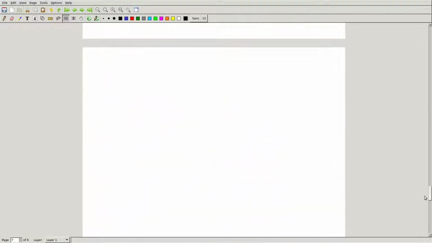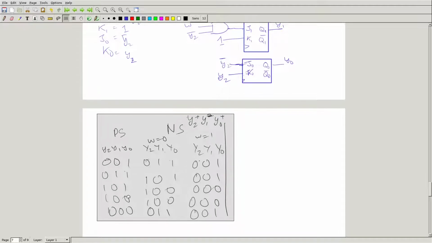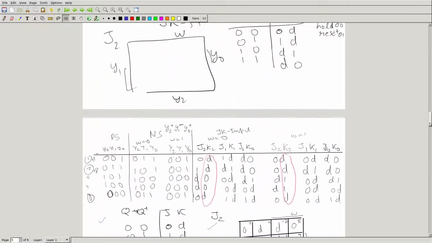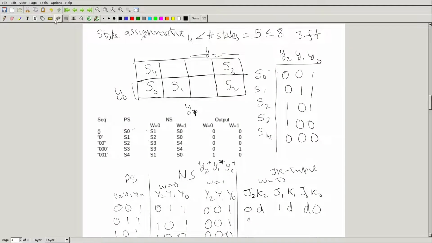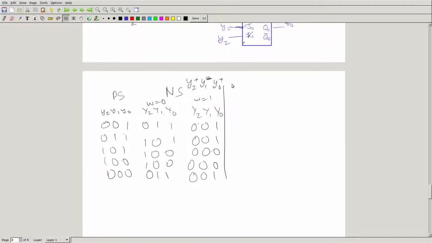Create a copy here, and we have outputs that we need to copy here.